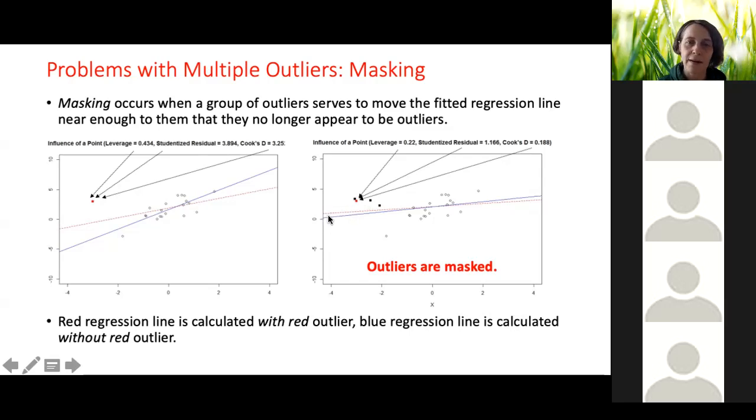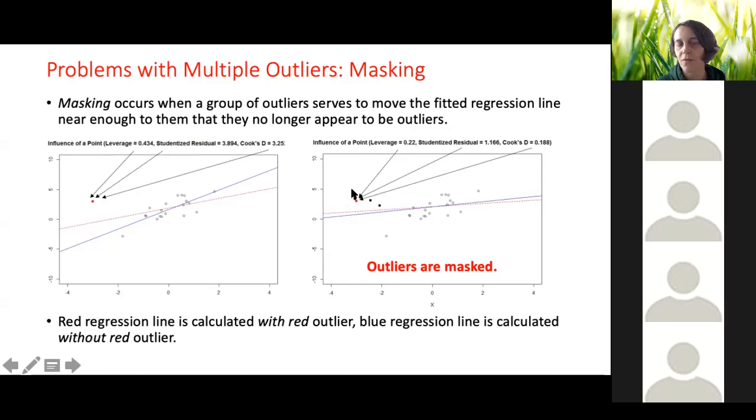And you can see here that if there are many outliers in a similar range, then excluding only one of them doesn't have that much of an effect. So we might actually not identify this influential case as an actually influential case. That is called masking. The other outliers just mask the outlier status of this one point.